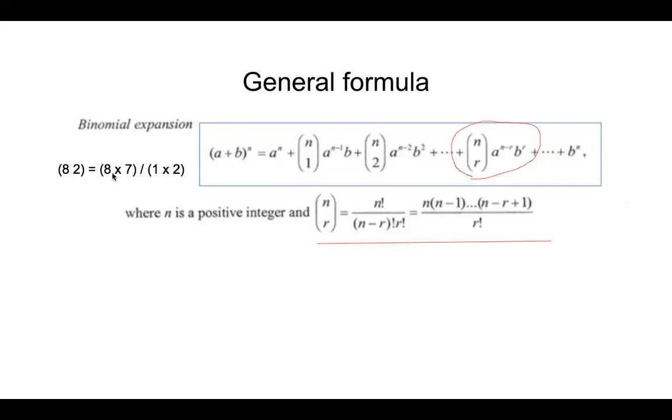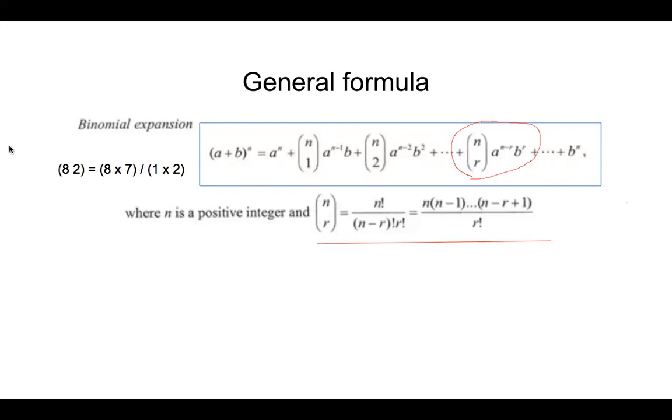So I'm multiplying 2 numbers. Because r is 2, I take 8 times 7, the next number down. In our denominator, we start the regular way, in ascending order: we go from 1 and multiply upwards. So the denominator would be 1 multiplied by 2. That's our shortcut of doing it.